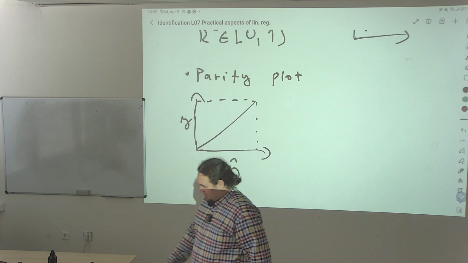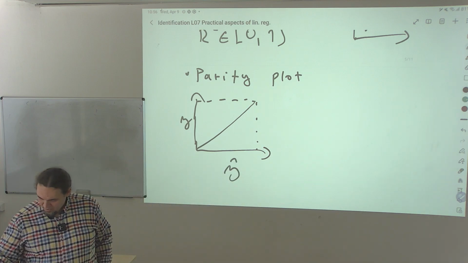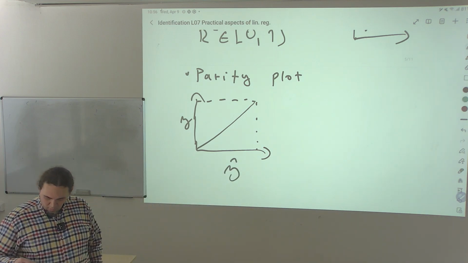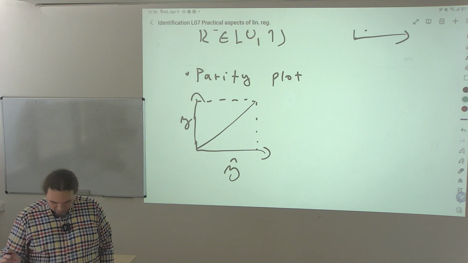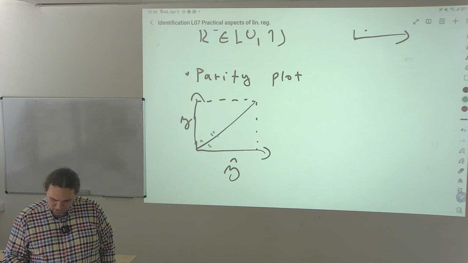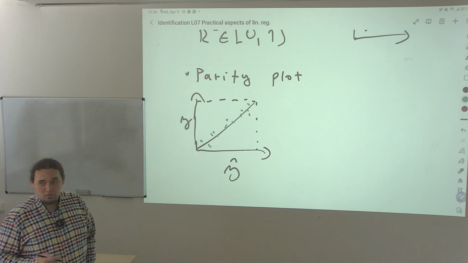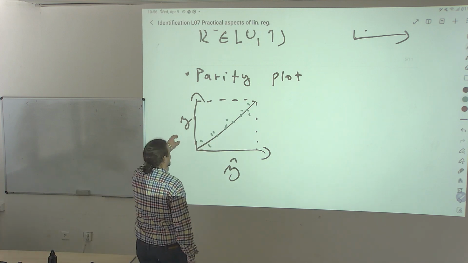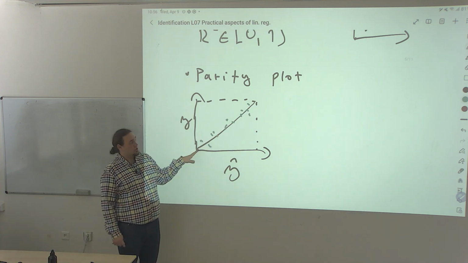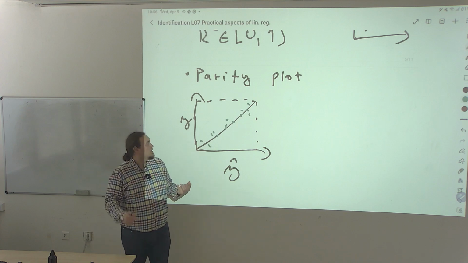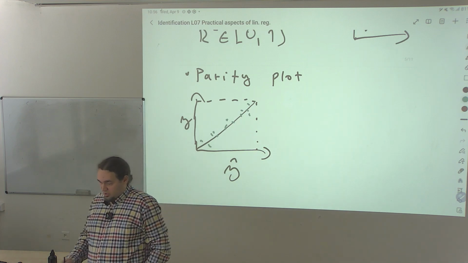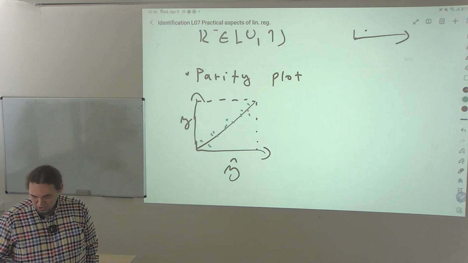Of course, we cannot expect to be completely sitting on the line. There is still measurement noise, but if our predictions versus our measured data lie next to this line, it is quite okay, very much desirable.